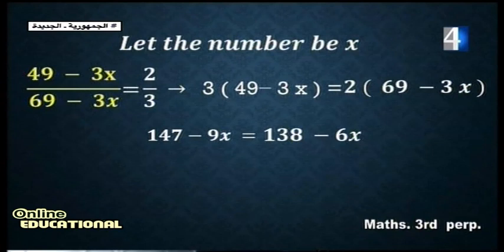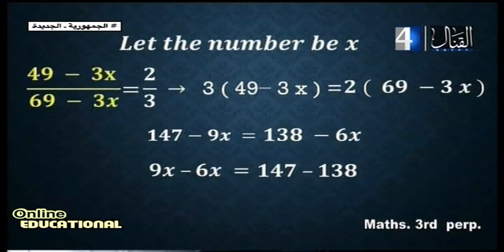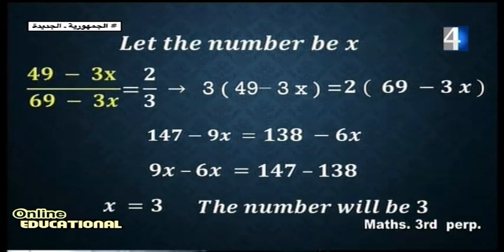By collecting like terms together on one side, it is 9x minus 6x equals 147 minus 138. What about 9x minus 6x? It's 3x equals 9. And finally, we can say that x equals 3. So the number will be 3.